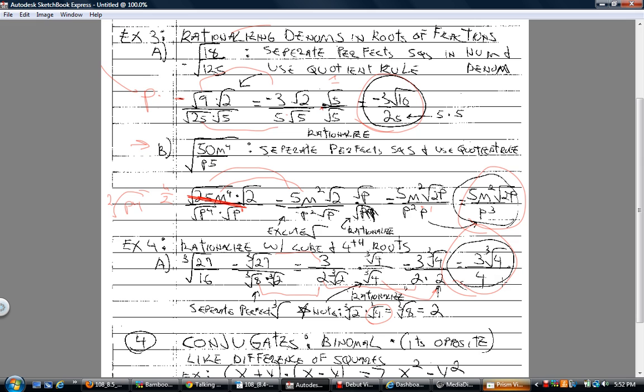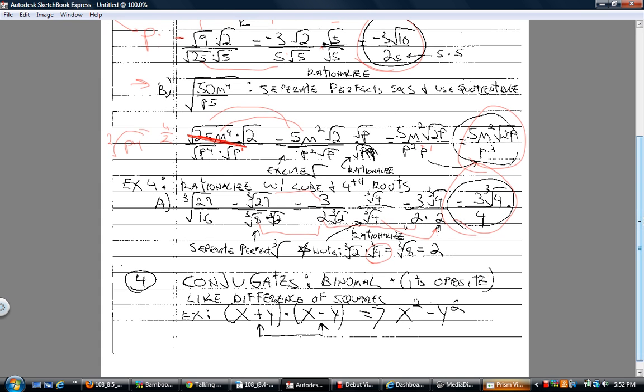Okay, class. Good news. I've mentioned this term way back, so this will not be surprising to you. But the concept of conjugate is a binomial multiplied by its opposite, and hopefully you're getting very good at recognizing it. Here's a binomial. First term, second term with a plus or minus. And if it's multiplied by its conjugate, it'll have the same first terms, same second terms, and the plus and the minus will be their opposite signs.